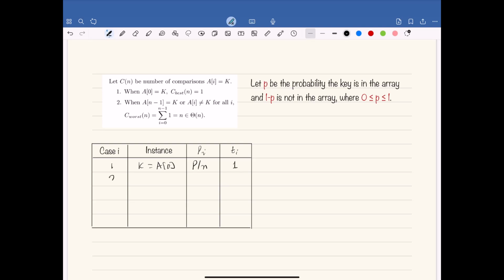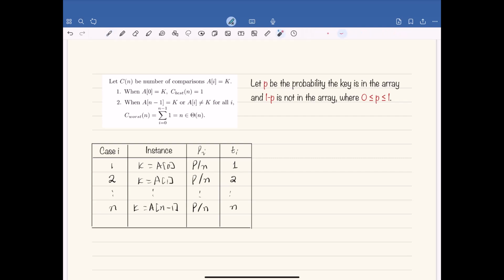Now for the second case, this happens when the key is at index 1. And the probability will be p over n, and the number of comparisons is equal to 2. And this continues for n cases. And the last case happens if the key is at the end of the array at index n-1, and the probability is p over n. The number of comparisons if the key is at the end is equal to n.